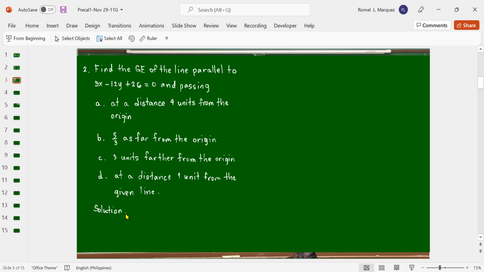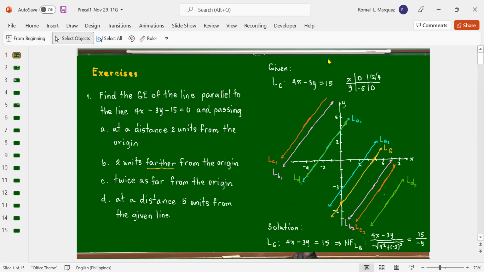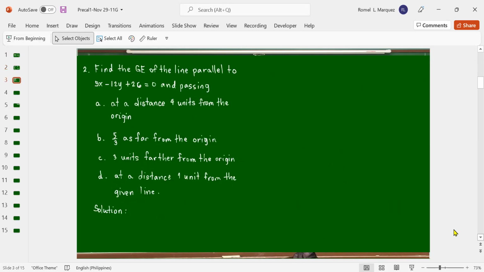Let's do that. Since you know already how it goes from number 1, through our illustration, you know what's going on now. So let us have the normal form of the given line. We have 5x minus 12y equals negative 26.